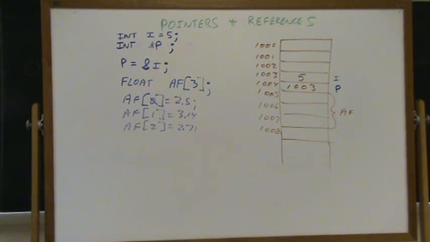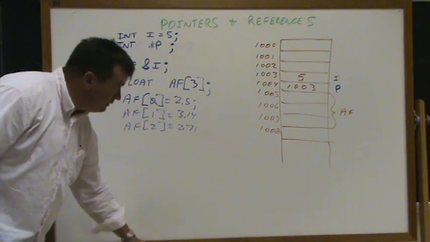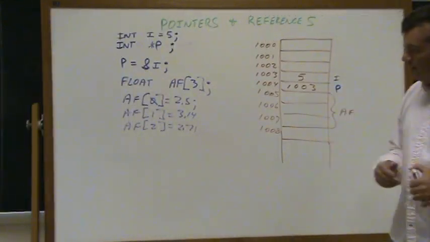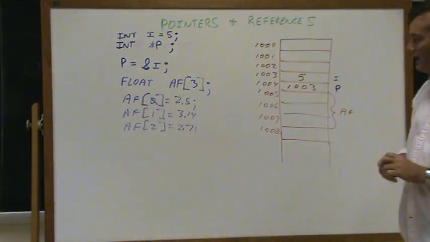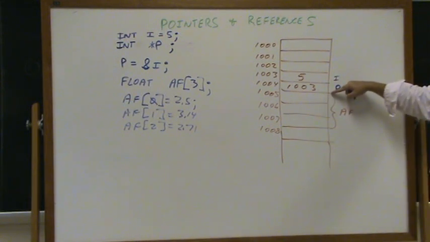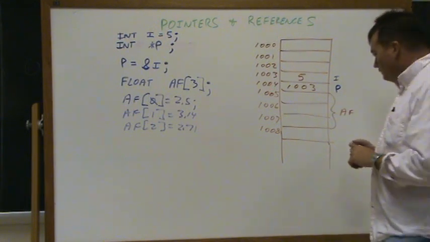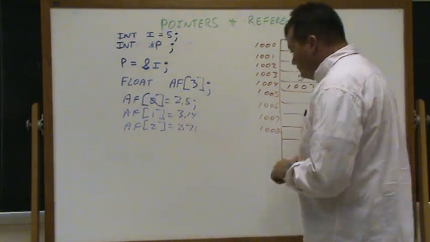What would end up happening? The variable AF is actually acting like a pointer to the beginning of the array. As a matter of fact, there'll be a piece of storage for AF. So let's say somewhere else, this location happened to be free, we're going to use this as AF.